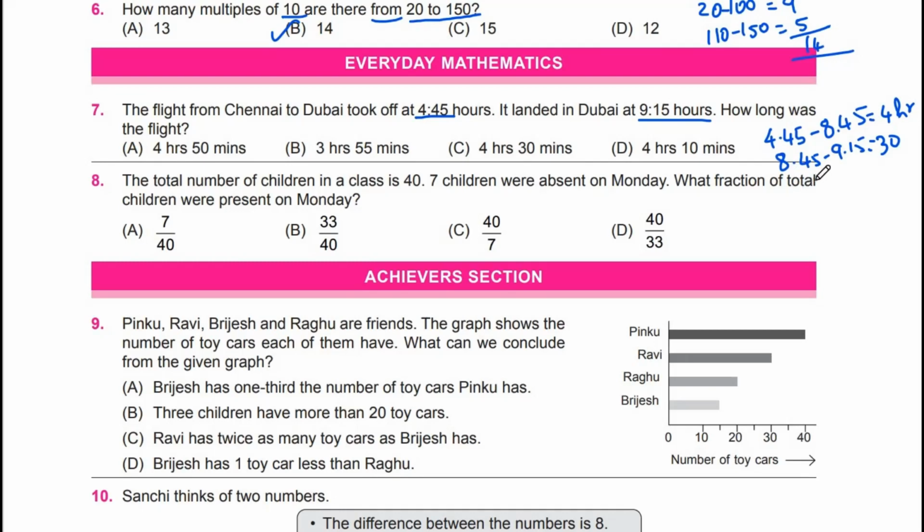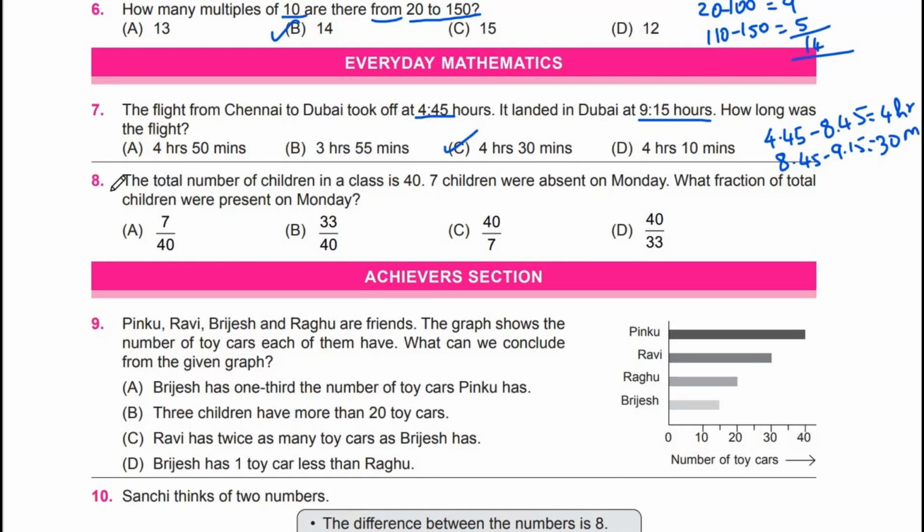Then from 8:45 to 9:15 it is 30 minutes. So what is the total time for the flight? It is 4 hours 30 minutes. So do we have that option? Yes, that is the C option. Isn't it very easy? We just found out how many hours first and then we calculated the minutes. Pretty easy to find it out.